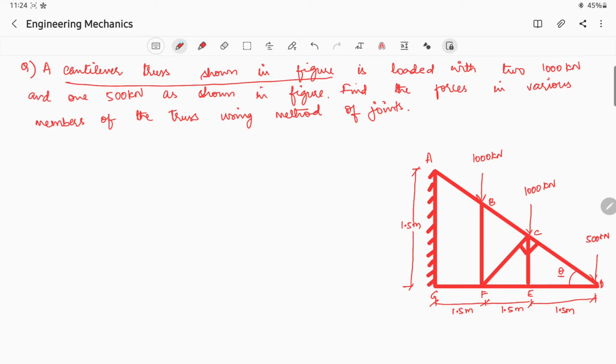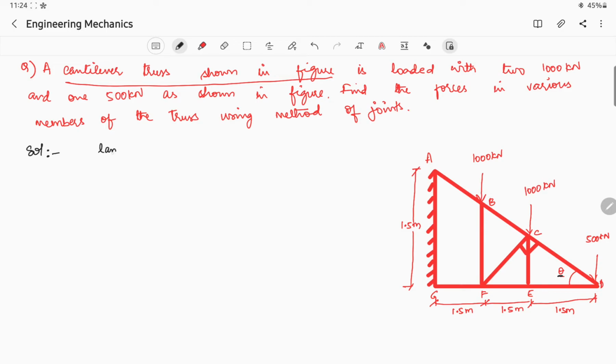Now, before solving the problem, first of all, we have to calculate this theta. How to calculate that? I'll write the solution. First we will calculate theta.